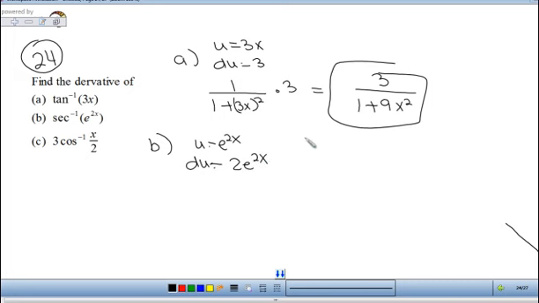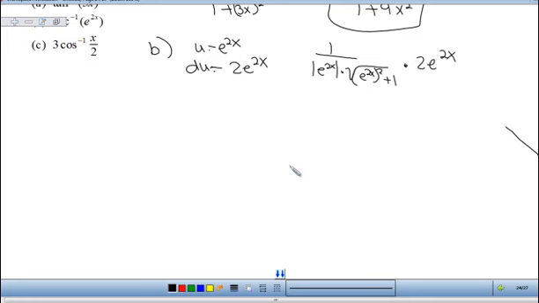So the derivative of the inverse of secant is 1 over the absolute value of u times the square root of u squared minus 1 times the derivative of u.